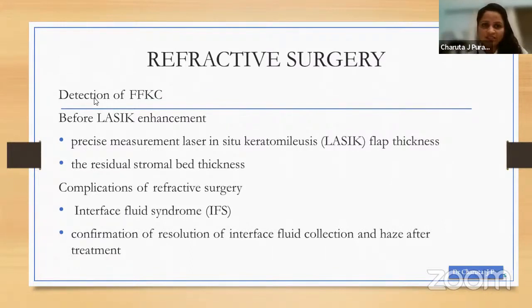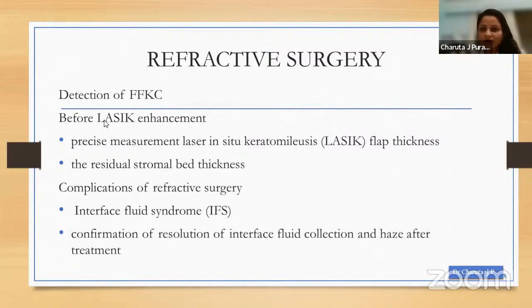Very commonly, we see forme fruste keratoconus being missed on the topography maps, and learning how to read the epithelial map is very pertinent now, so that we can appropriately select cases before doing laser vision correction. Another application is before LASIK enhancement, because it is only possible to precisely measure our flaps with OCT.